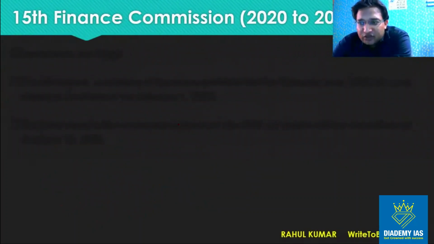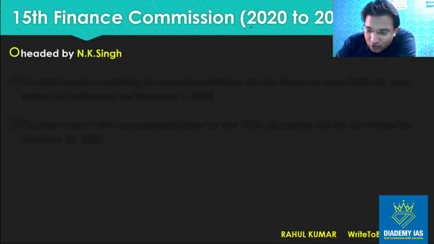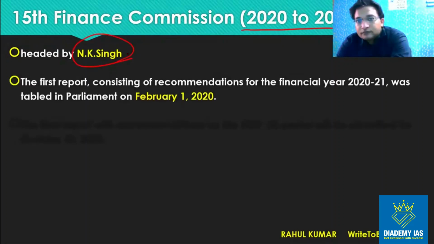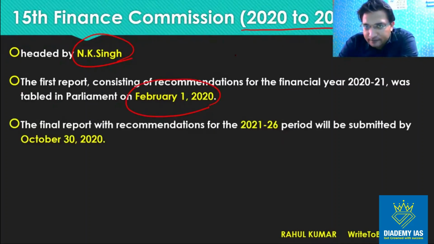Now the 15th Finance Commission. This Finance Commission is constituted for the 5-year period of 2022 to 2025. This is headed by N.K. Singh, and this commission gave its report in February 2020, very recently.